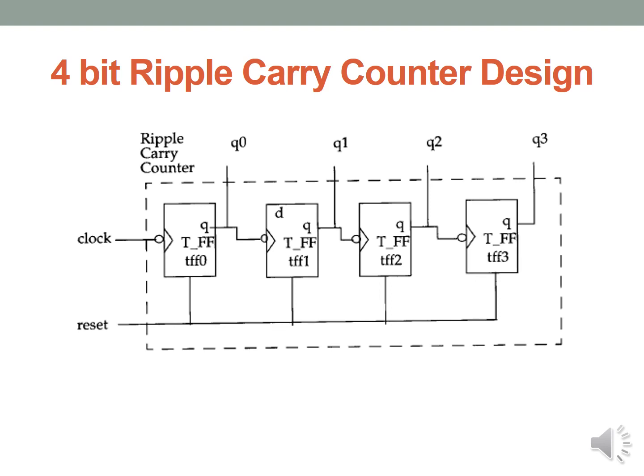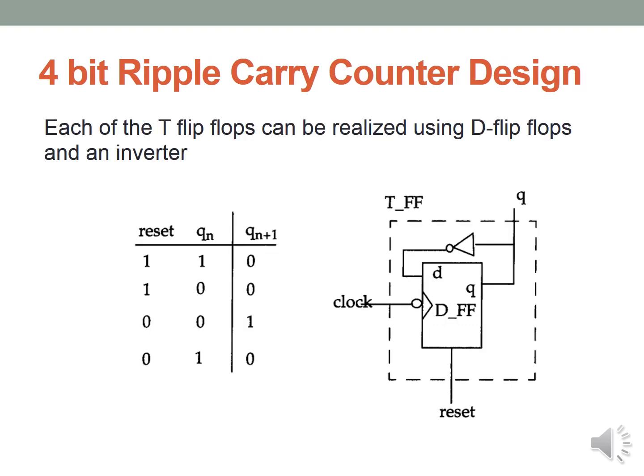Now let us illustrate the design of this 4-bit ripple carry counter using one of the design methodologies. Let us consider the top-down design methodology. According to the top-down design methodology, the 4 T flip-flops can further be realized using smaller sub-blocks such as the D flip-flop and an inverter.